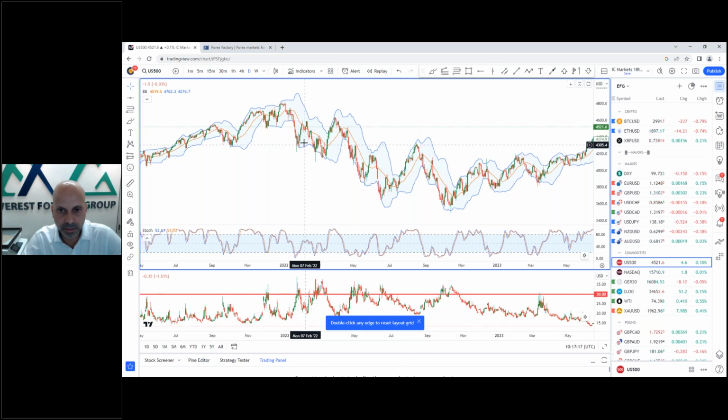This is how I used it for the US 500, for putting on swing trades or bullish reversal swing trades. As you see these three indicators line up, it should be flagging to you that a potential reversal is coming up. And then you can, of course, zoom in onto the H4 or H1 time frame and time your entry.